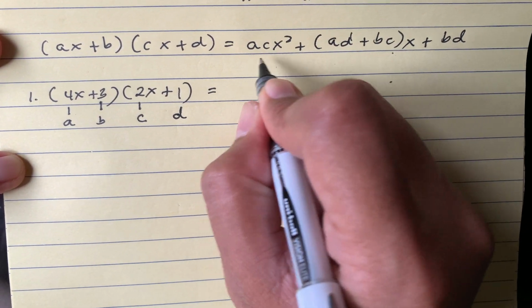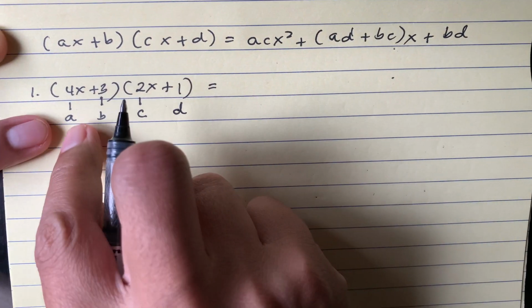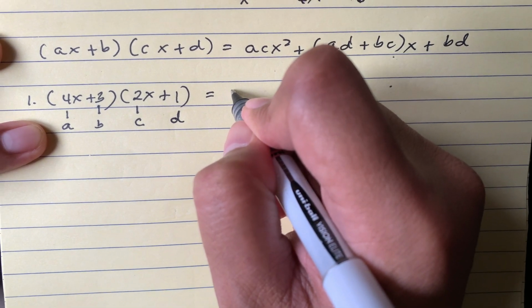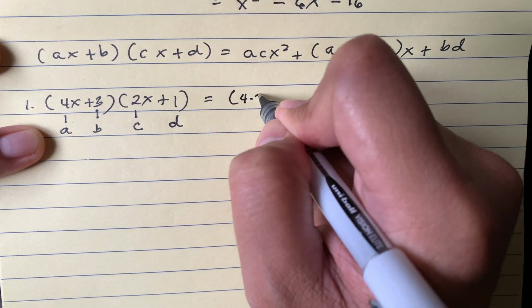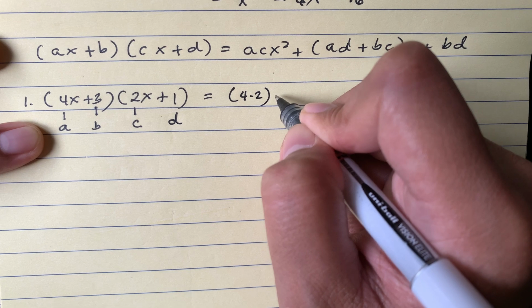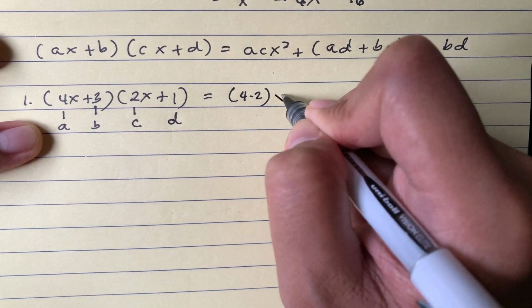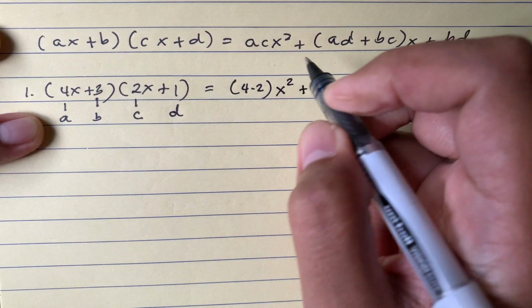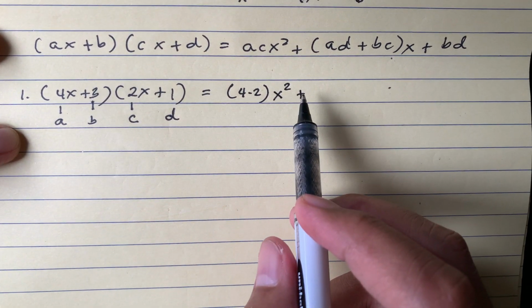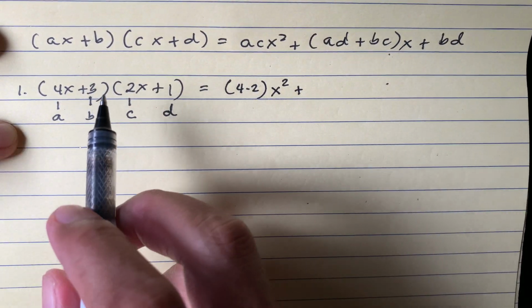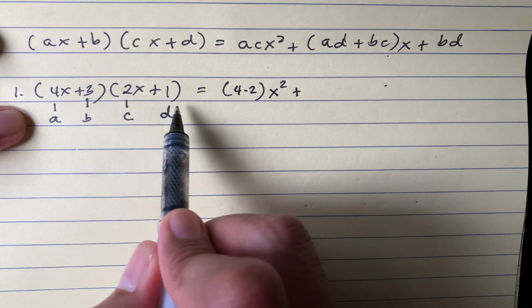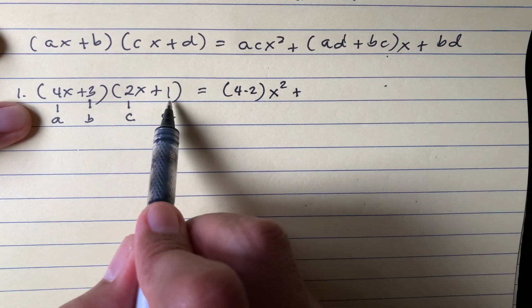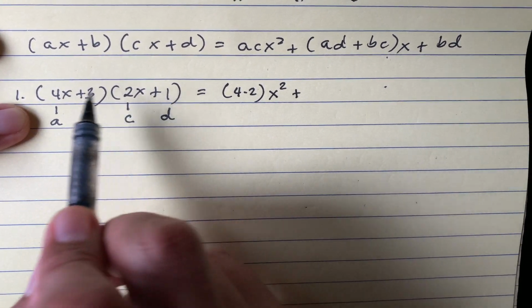So now, we have acx squared. So we have 4 times 2. Then you're going to square your variable, which is x, plus you're going to find the product of your outer terms. Your outer terms, we have 4 and 1. These are the coefficients.